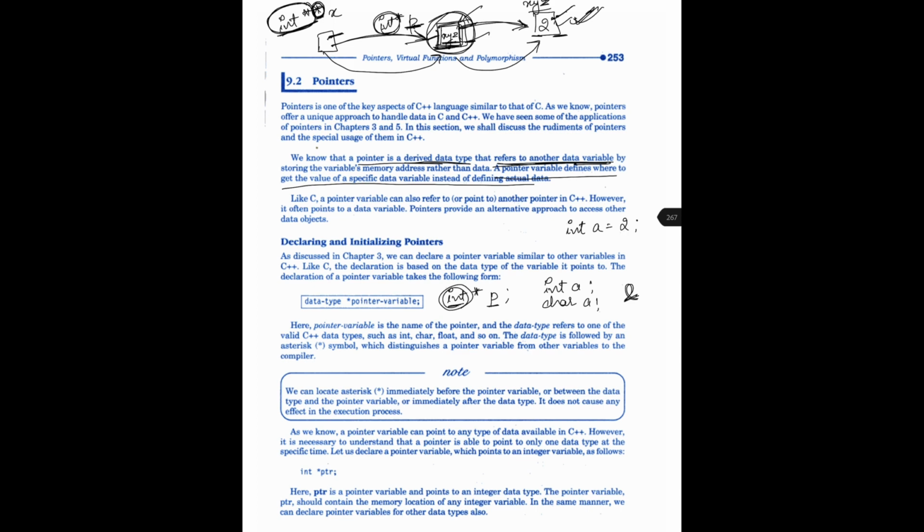Now I want to declare a pointer to this variable and initialize it, of course. What I will do is, I will simply say int asterisk p. That means p will point to the type int. And to initialize it, I will say ampersand a. That means in p, store the memory location of variable a. Simple, right? So that's how you can declare and initialize the pointer.